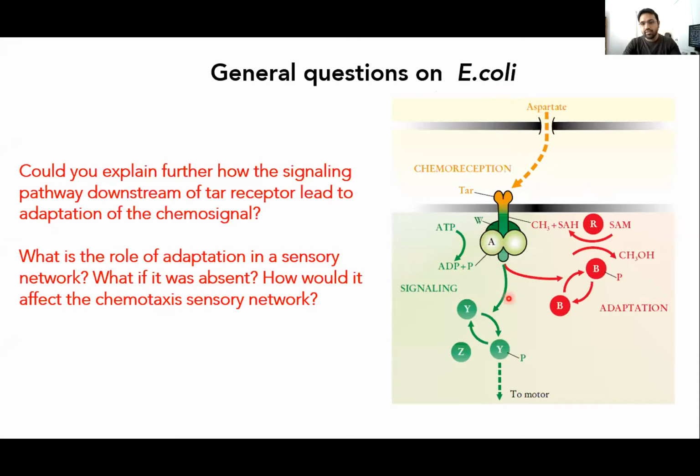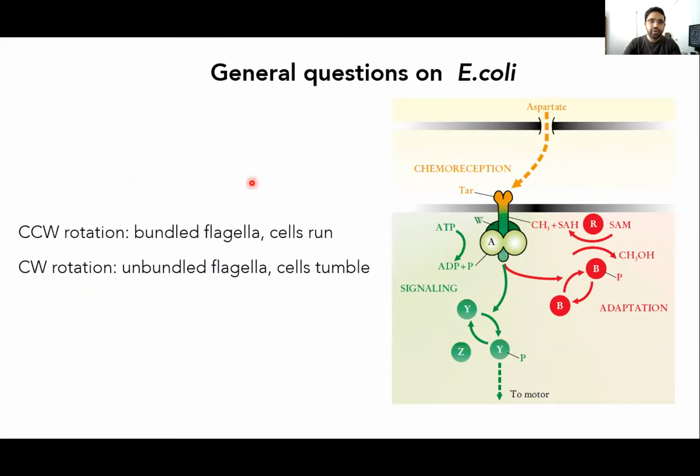And this A molecule is responsible for interacting with the Y molecule and phosphorylating this Y molecule to YP. So when this YP becomes phosphorylated, it goes to the motor and it changes the rotation from counterclockwise to a clockwise direction, right? So the cells stop running and they start to tumble.